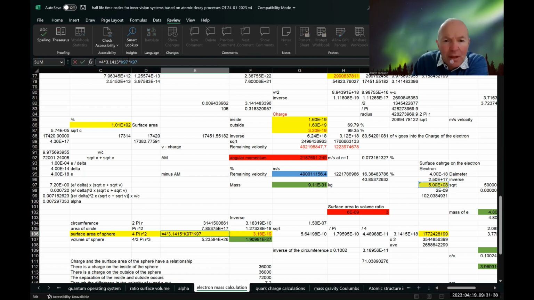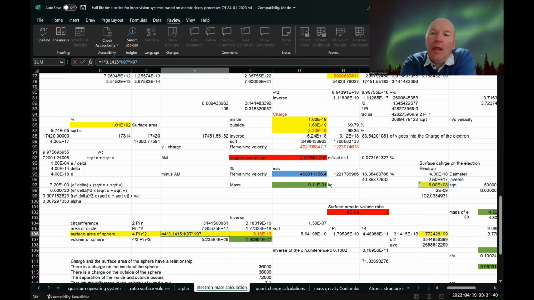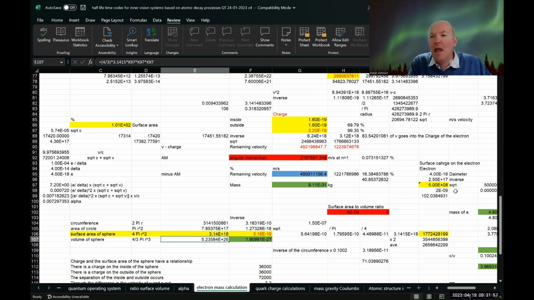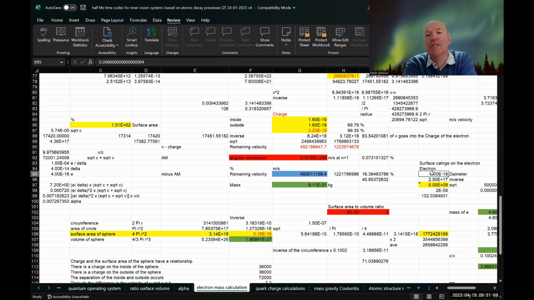I've got K97, which is 5.00e to the +8. So what I've done is I've taken my diameter of the electron, taken the Planck scale, square rooted that to get 4e to the negative 18 as the diameter of the electron.